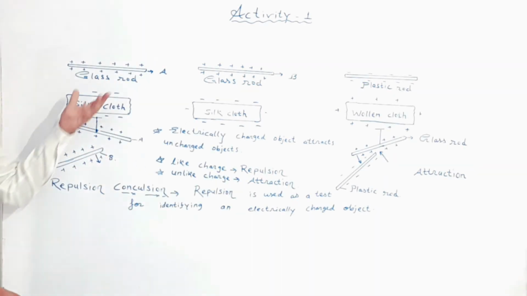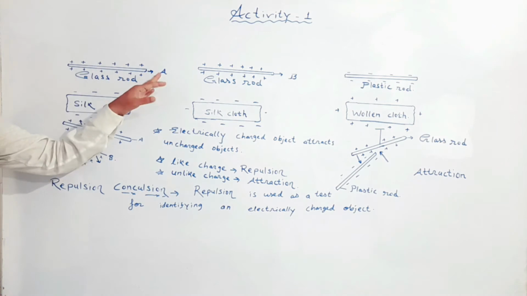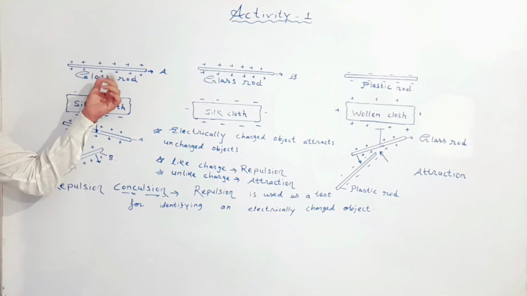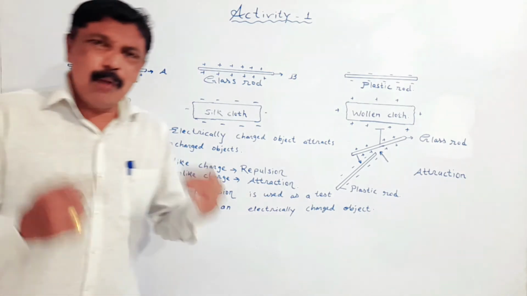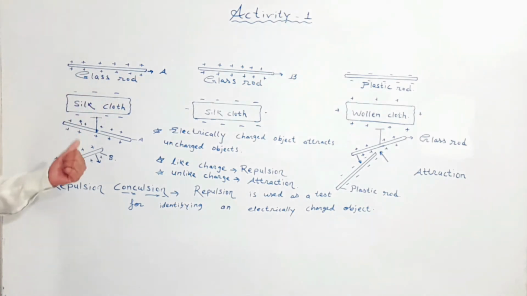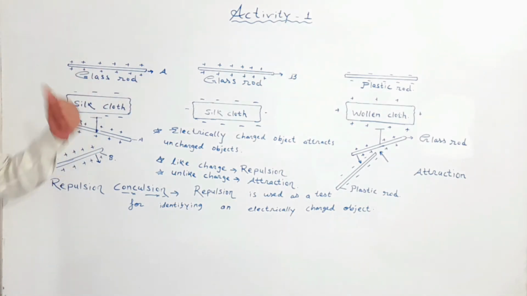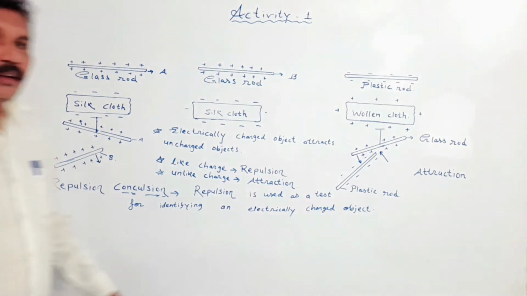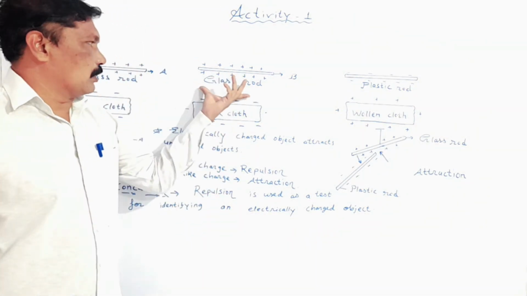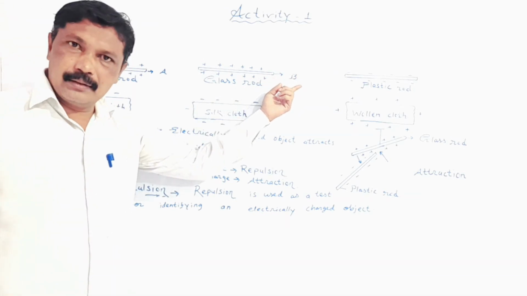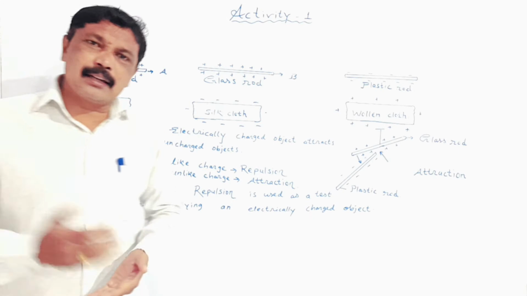Now my dear student, we have a glass rod A which we have charged, and it has got positive charge. We will tie this glass rod A to a thread and allow it to be suspended in the air. We will take another glass rod, call it glass rod B, and repeat the same activity.